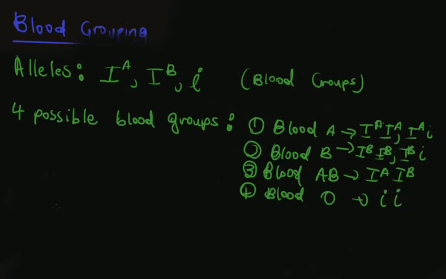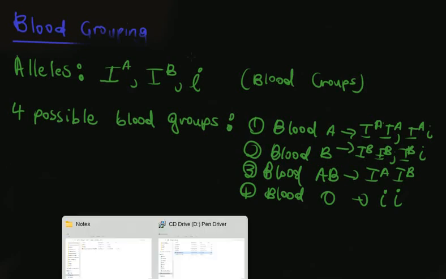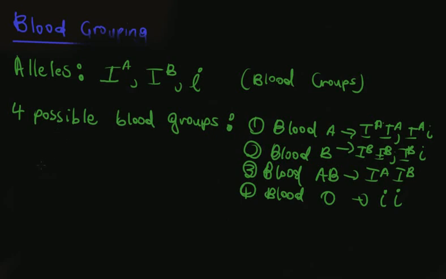Why is this the case? Remember, in the previous part of this lesson, when I talked about dominance, what you need to know is that A and B are equally dominant, co-dominant.